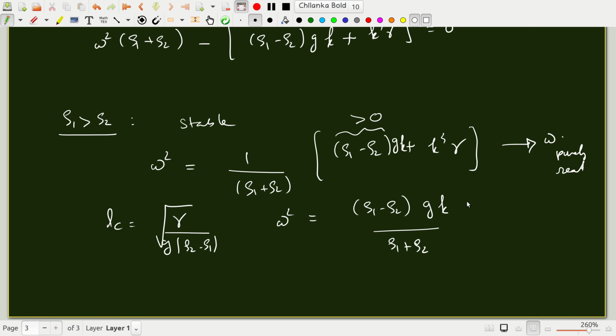Then I will get 1 plus k squared gamma by g (rho 1 minus rho 2). Now gamma by g (rho 1 minus rho 2) is LC squared.